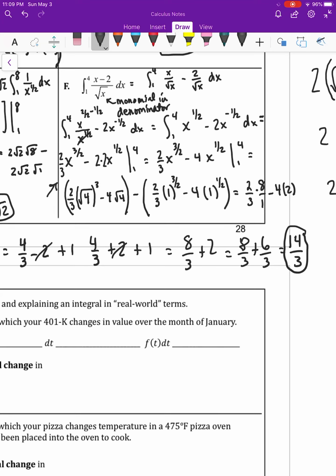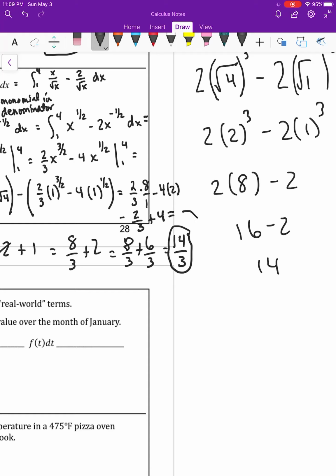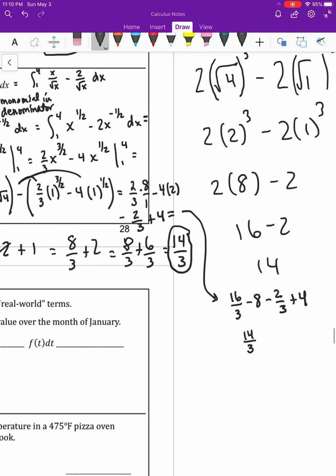So I don't even have to go through the square root thing with that. So now you've got 2/3 times 2 to the 3rd, so that'd be times 8, minus 4 times 2, because root 4 is 2, minus 2/3 plus 4. And so this is going to be 16 thirds minus 8 minus 2 thirds plus 4.